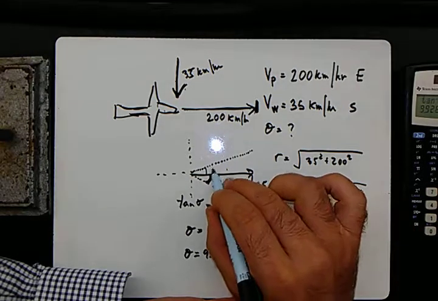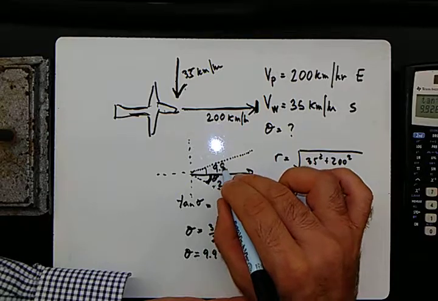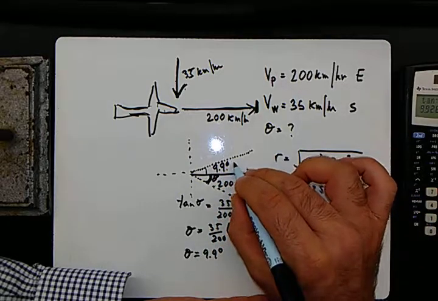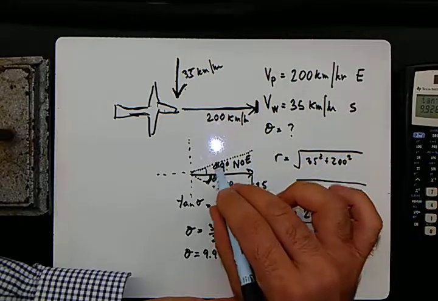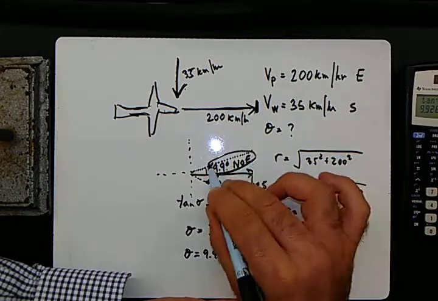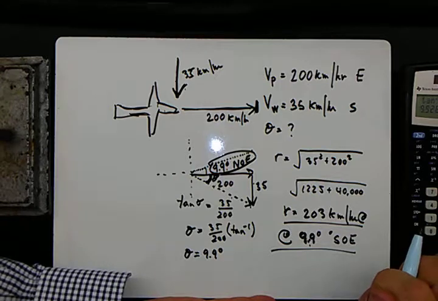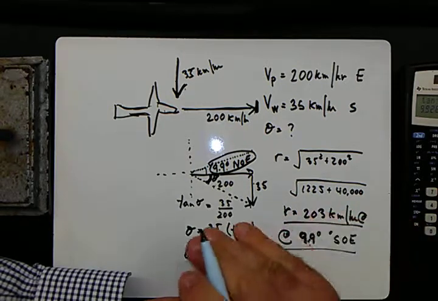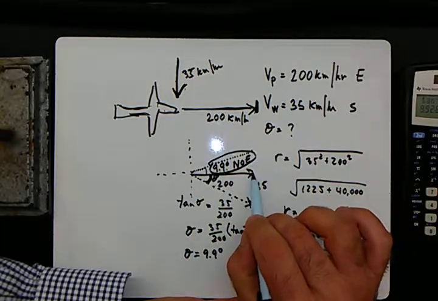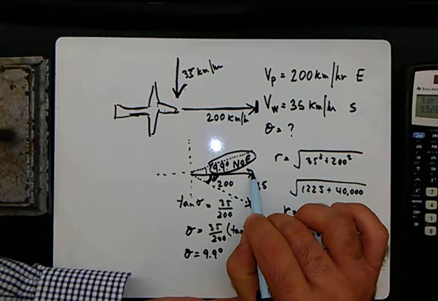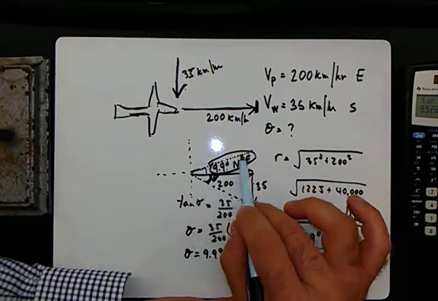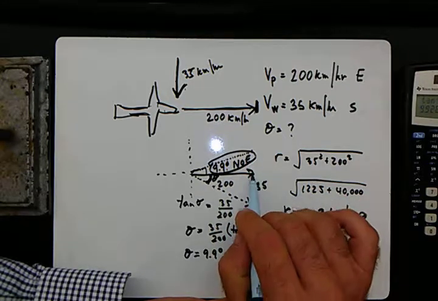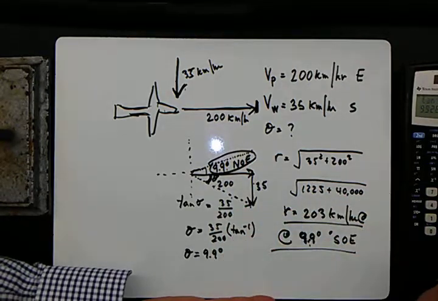So the answer here would be an angle of 9.9 degrees north of east. Here's our final answer: 9.9 degrees north of east is the direction the plane has to head in order to end up down here. Because it's getting pushed by a wind, this is the direction the pilot must go in order to get to his or her destination.